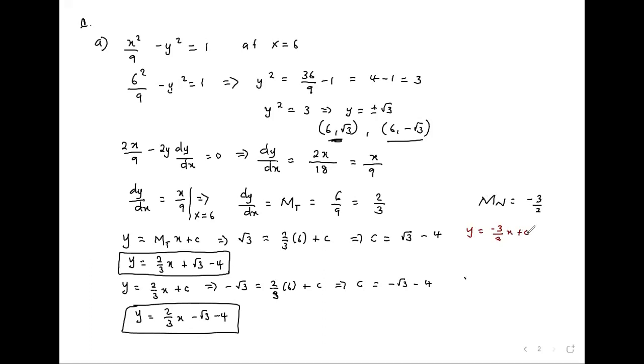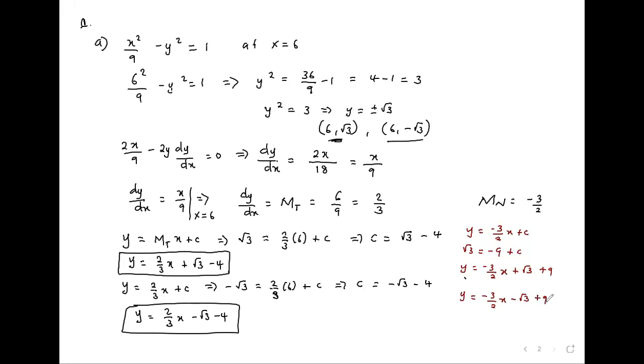Given a point (6, √3), that will be √3 is equal to negative, and this time around it's -9 plus c, so that y is equal to -3 over 2x plus √3 plus 9, meaning that the other one will be -3 over 2x, and the negative one will be -√3 plus 9.